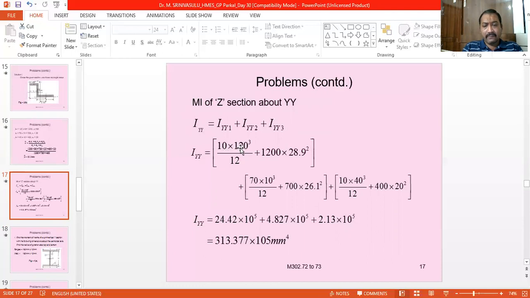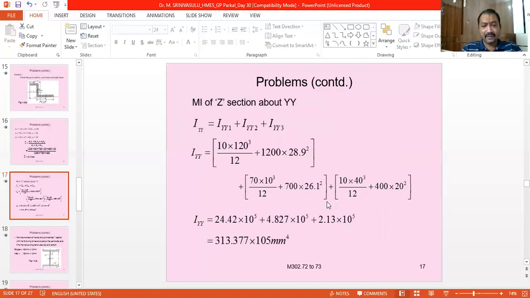So Iyy1 is equal to d1 into b1 cube by 12 plus area A1, which is 1200, into hx1 whole square, where hx1 is 28.9. Similarly Iyy2 is equal to d2 into b2 cube by 12 plus a2 into hx2 whole square, and Iyy3 is d3 into b3 cube by 12 plus a3 into hx3 whole square.